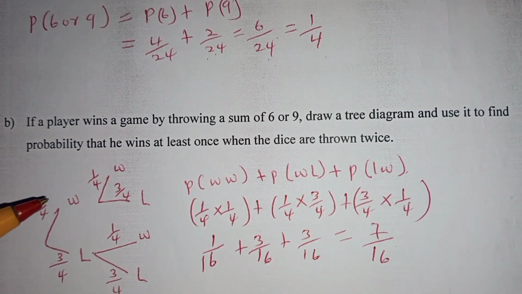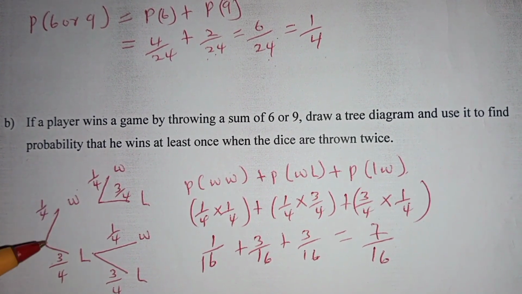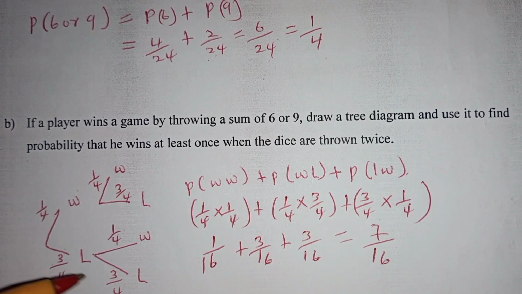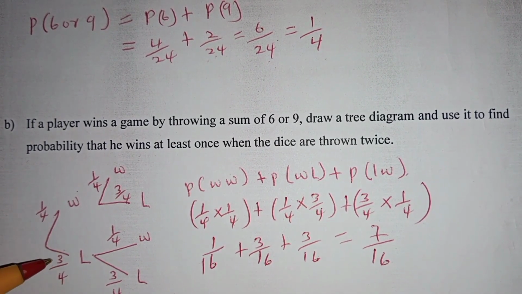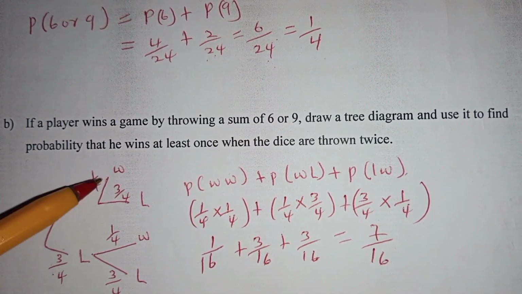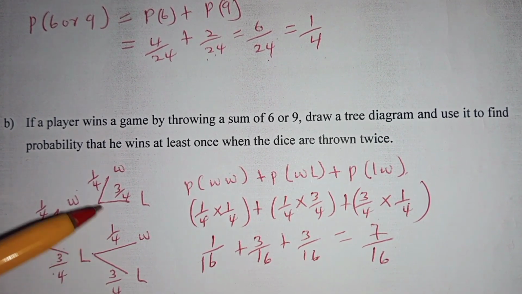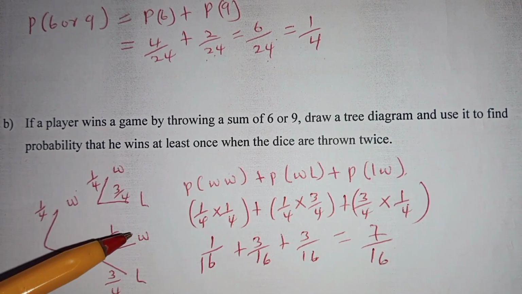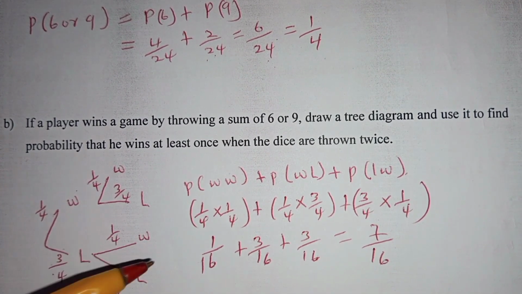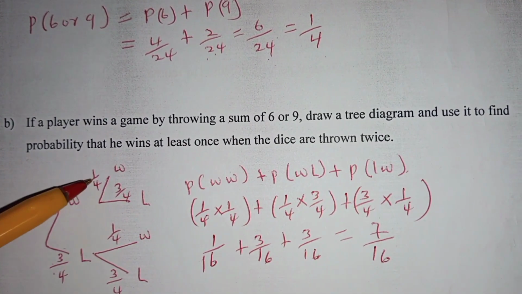So the probability that he wins is 1/4. The probability that this person loses is 1 minus 1/4, which is 3/4. In the second game, the probability that he wins is 1/4.